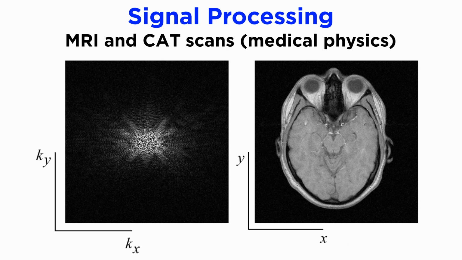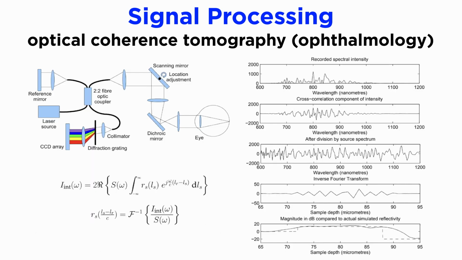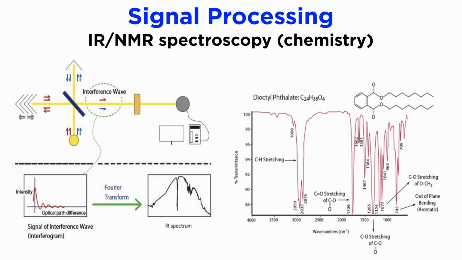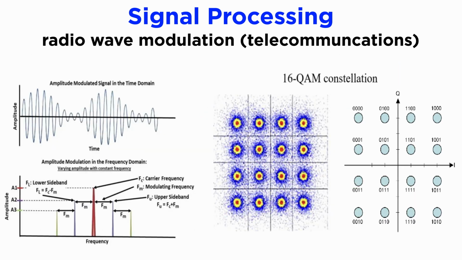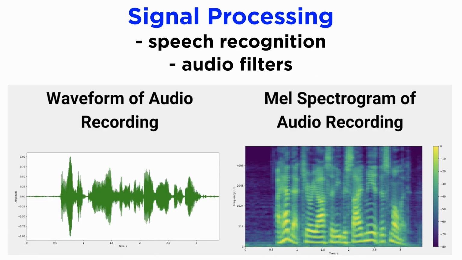They include exploring how MRI scans and CAT scans work in medical physics, how optical coherence tomography works in ophthalmology, biology, how infrared and NMR spectroscopy works in chemistry, how X-ray diffractometry works in crystallography and materials science, how modulation of radio waves works in telecommunications, how speech recognition and audio filters work, and so much more.